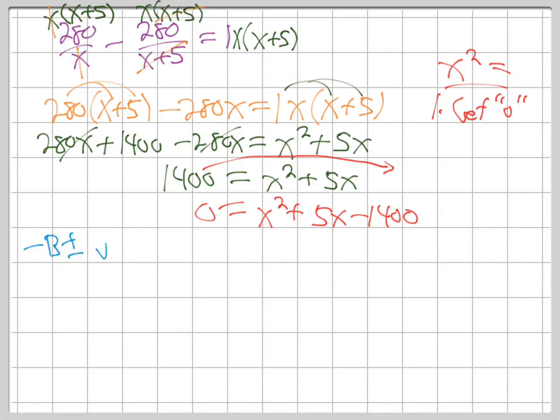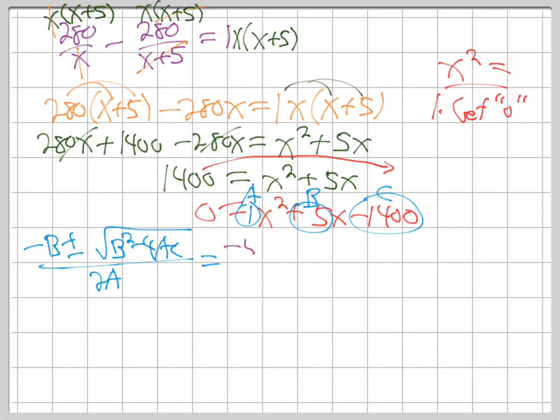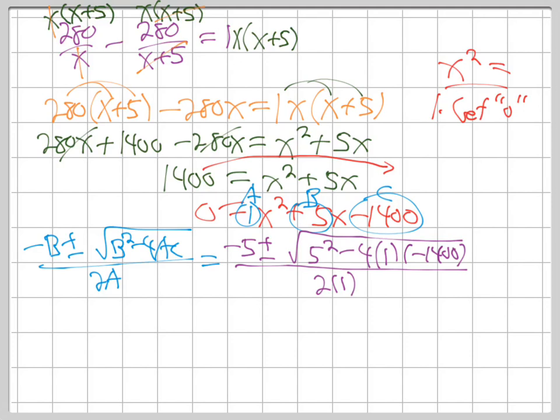Negative b plus or minus the square root of b squared minus 4ac all over 2a. So this is a is 1, b is 5, c is minus 1400. So what do we got? Negative b plus or minus the square root of b squared minus 4 times a times c all over 2a.